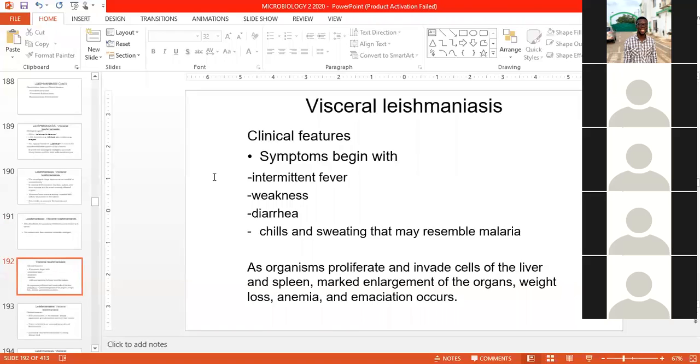Okay. So with the symptoms, fever as usual because of inflammatory response, you will see a rise in temperature, then weakness due to the anemia, and then you are likely to see some diarrhea as well.